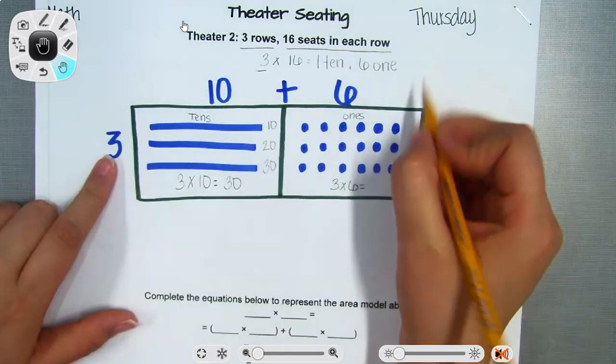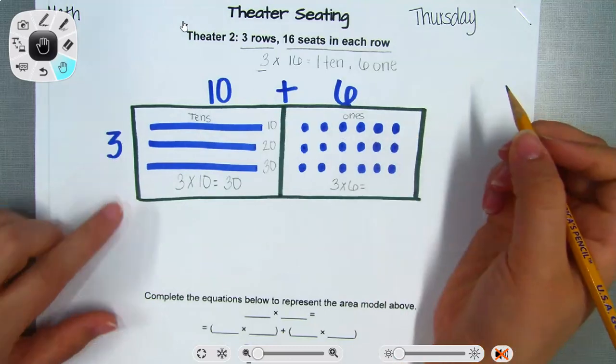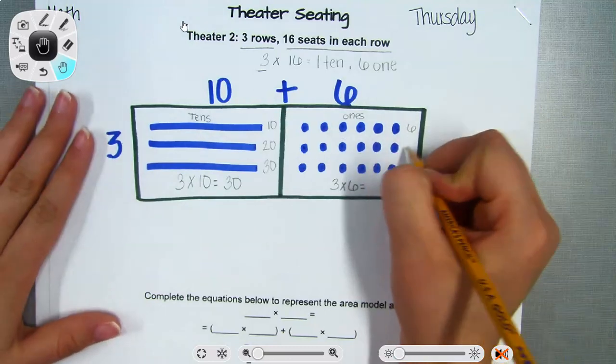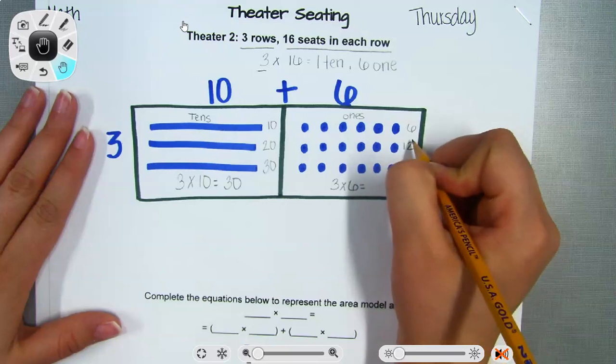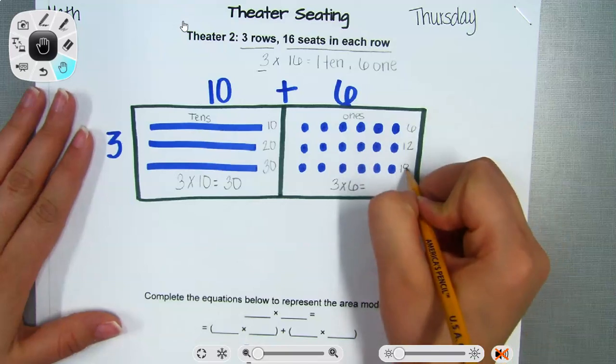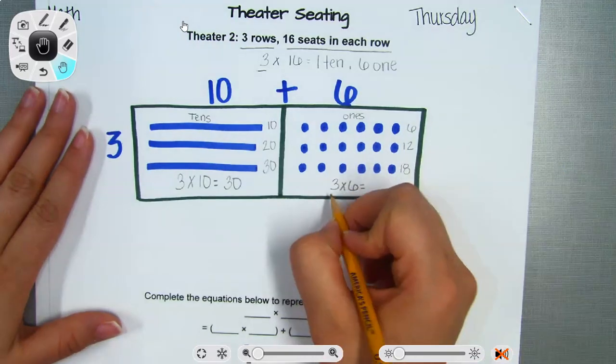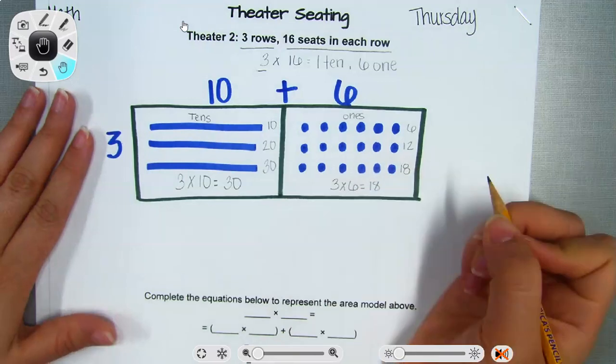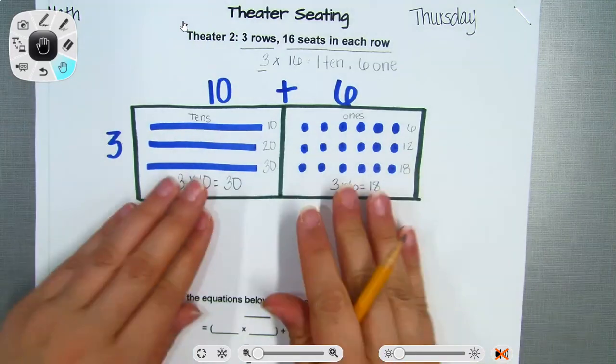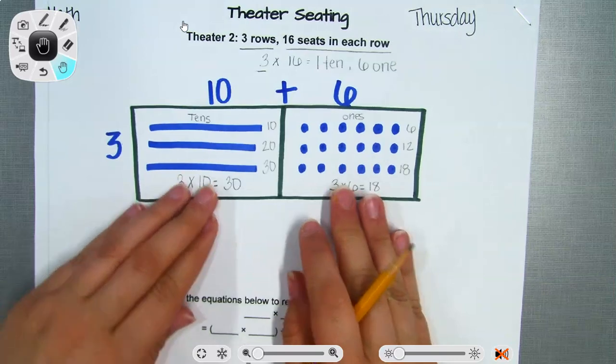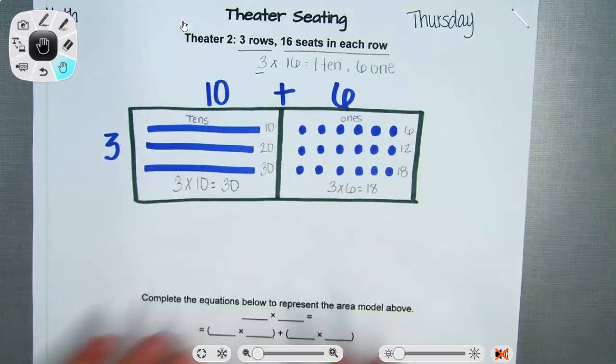So that means that I have 6 in each row. So I'm going to count by 6. I have 6 plus 6 is 12 plus 6 is 18. So 3 times 6 is 18. So I separated my tens and ones. Now I need to put my tens and ones back together.